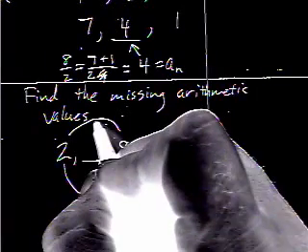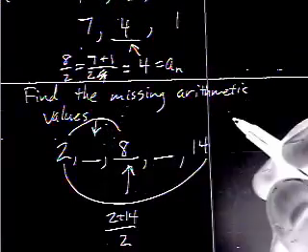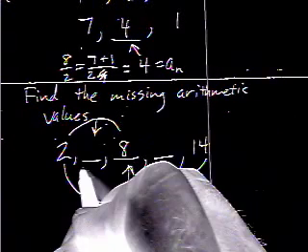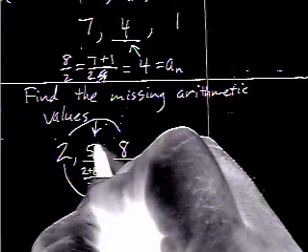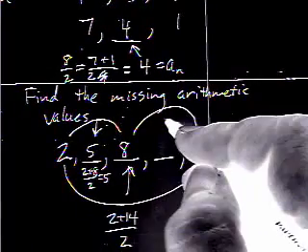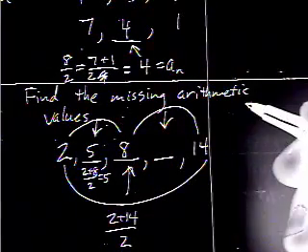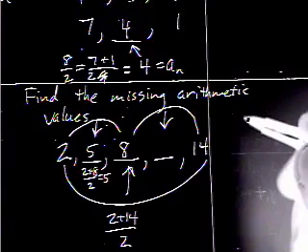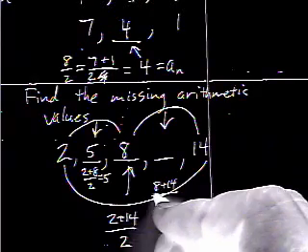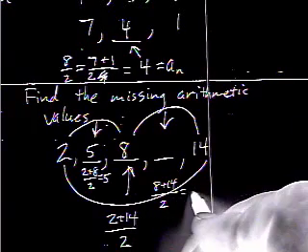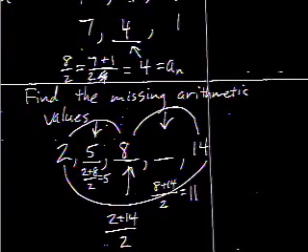Yes, average these two together. Put it there. 2 plus 8 over 2. That's 5. Average these two together. 8 plus 14 over 2. What we got there? 22 over 2 is 11.